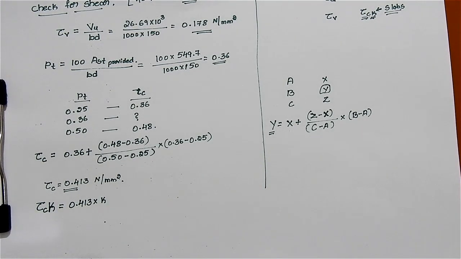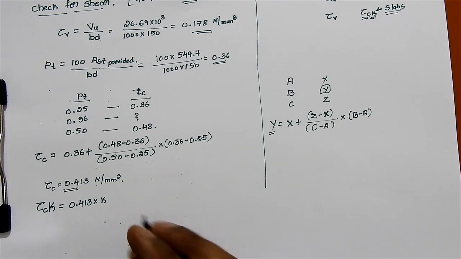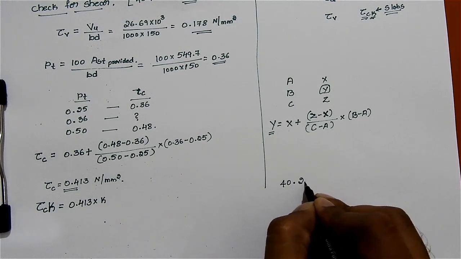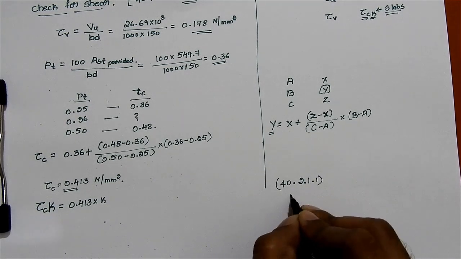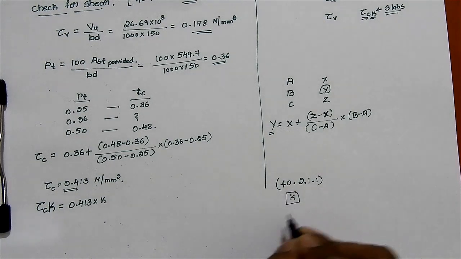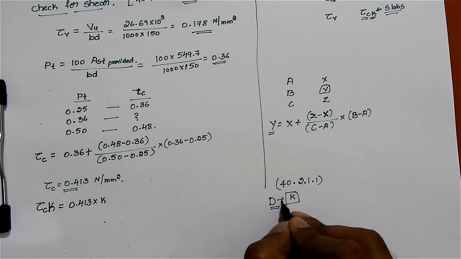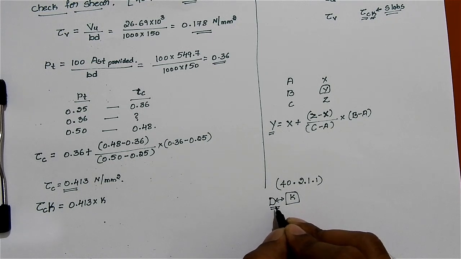In clause 40.2.1.1, you will get the value of k in the table corresponding to the depth, the capital D, that is the overall depth, not the small d.